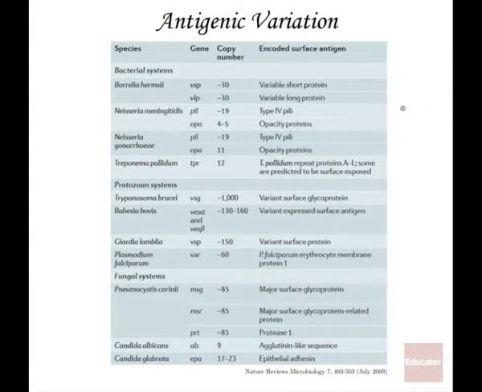So these are other types of examples of antigenic variation in bacteria, but also in protozoa and also in fungi. So you can see there's three or four examples of different bacteria, and what's shown in this table are different proteins that actually serve as antigens. So here with meningitis, the pili itself, in this case, serves as the antigen.